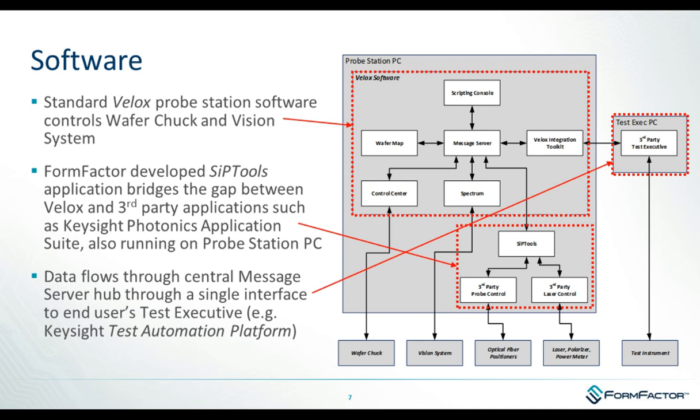Control center handles the motion control of the wafer, the motorized scope, if you have one, and various functions. The spectrum in the center lower there is our vision application, which provides the vision feedback and optical or image processing algorithms. Wafer map on the left is where the position of your DUT, your fiducials, your die size, that kind of information is stored when it's aligned.